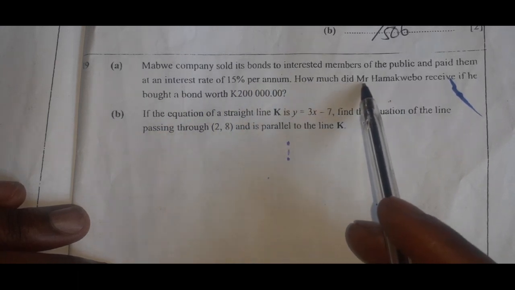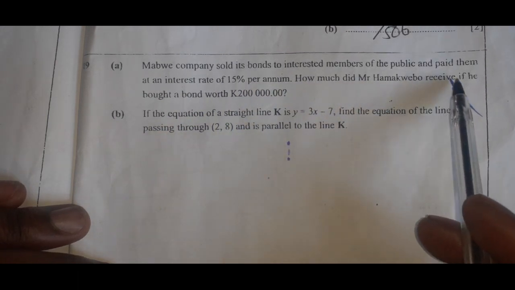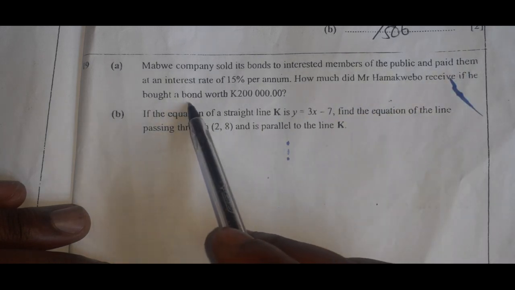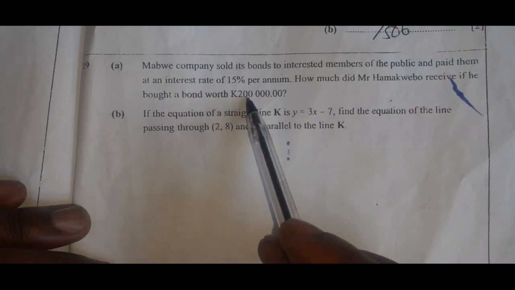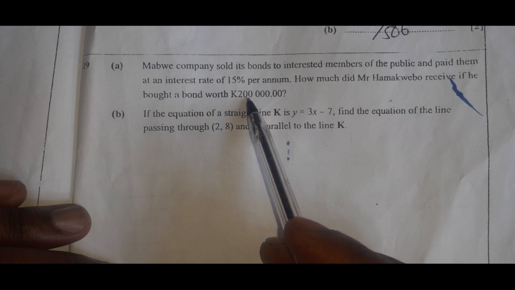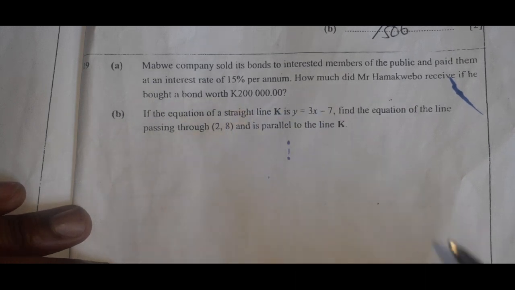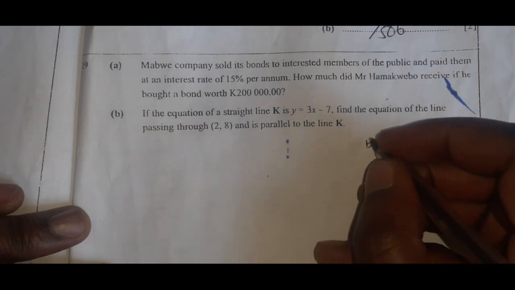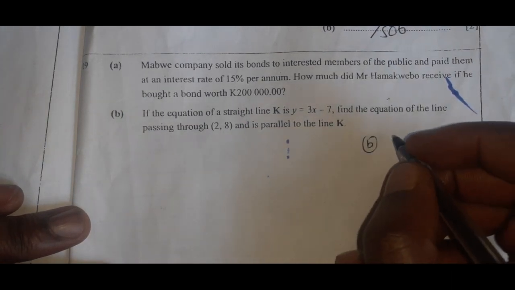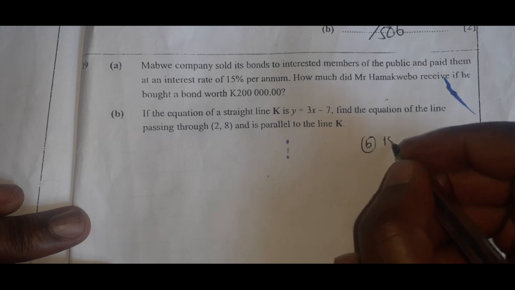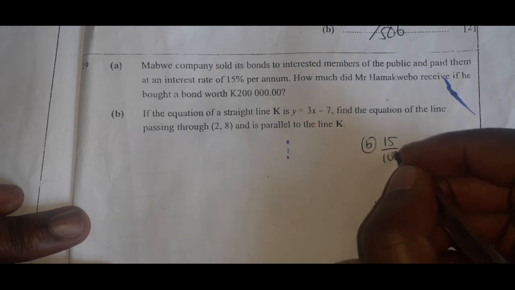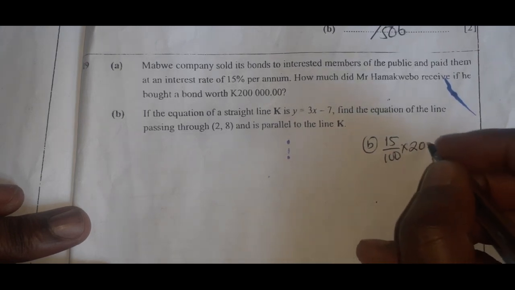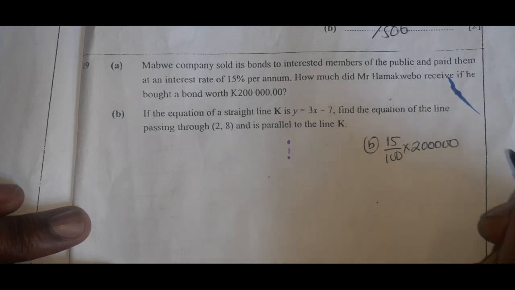How much did Mr. Hamakwebo receive if he bought a bond worth 200,000 kwacha? Here we have to find 15% of 200,000 kwacha.